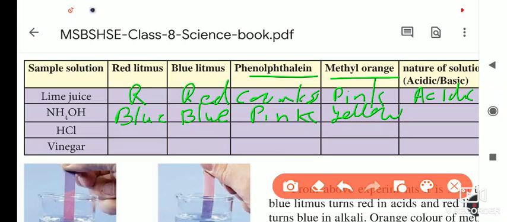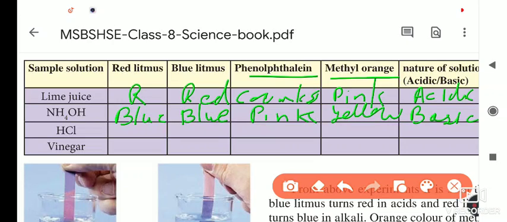From this observation, red litmus turns blue and blue remains blue in ammonium hydroxide solution. Phenolphthalein, which is colorless, shows pink color in NH4OH, and methyl orange in NH4OH shows yellow color. So from this observation we can say that this is a basic solution, right?